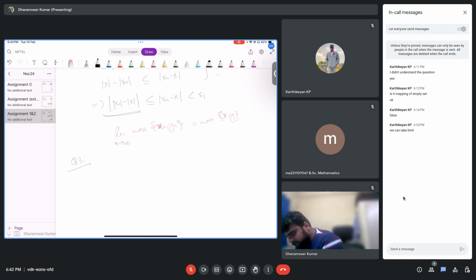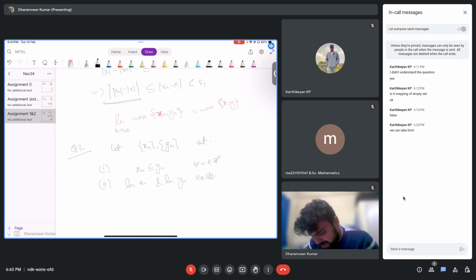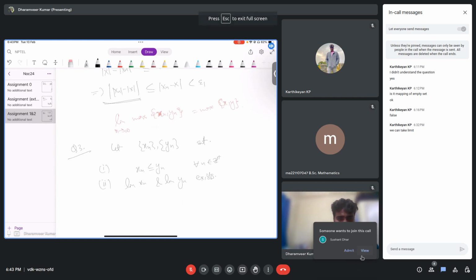Now, again there are two sequences such that this holds. Then they're asking, is it possible that always the limits are equal?